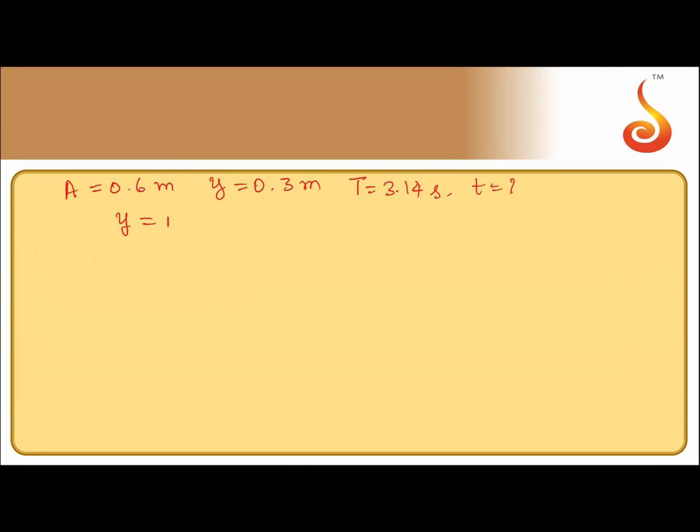So we know that y is equal to a sine omega t. That can be written as sine of omega, which is 2 pi by T, into t. This is y. Now y is equal to 0.3, a is equal to 0.6. Just substitute that: sine of 2 pi by T into t.